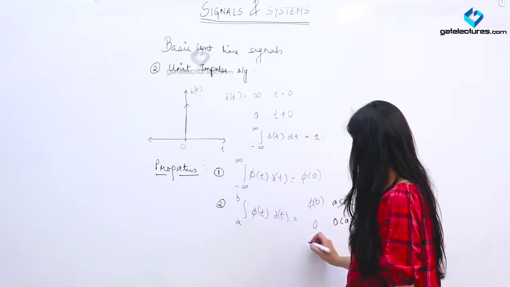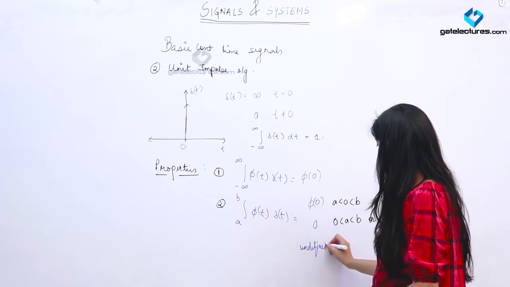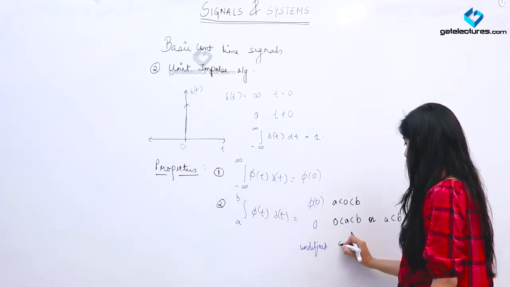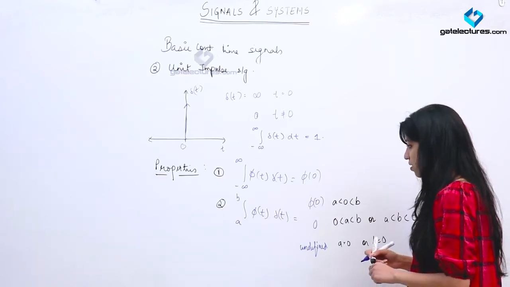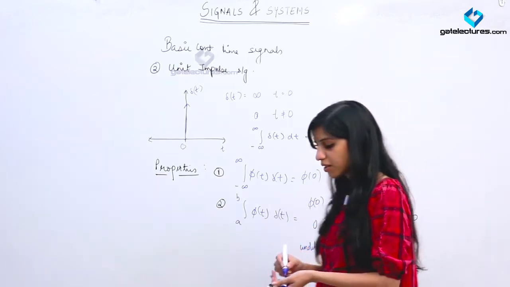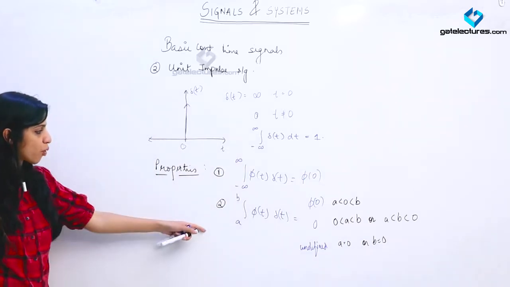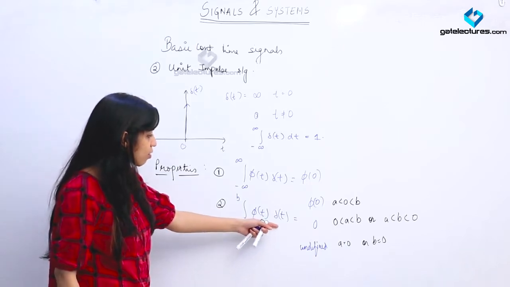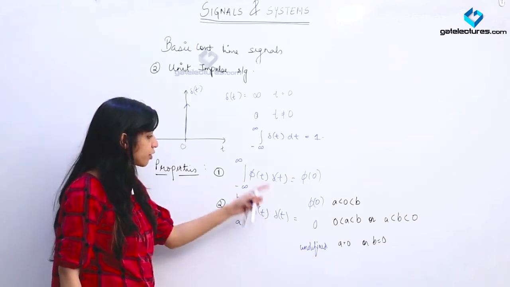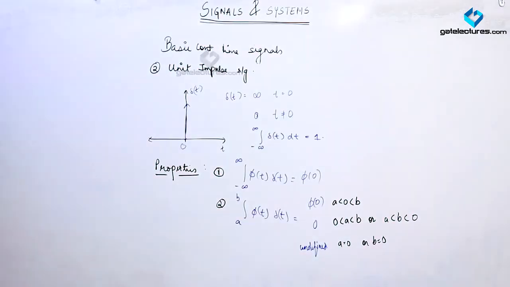That is why this happened, okay. And the value is going to be undefined if a is 0 or b is 0. So if either of them is 0, then this integral is going to give you an undefined value. So this is one property that we are using, which is also known as the shifting property of the impulse function.